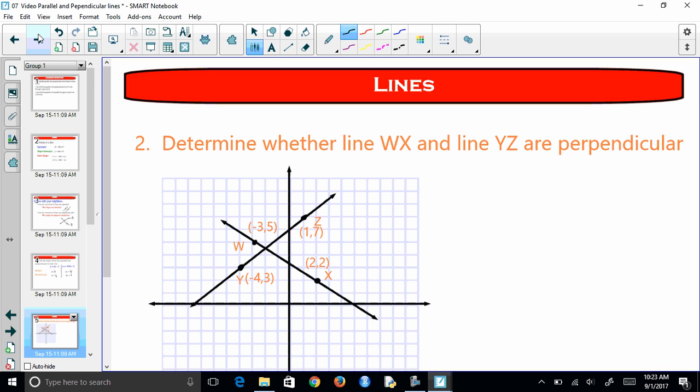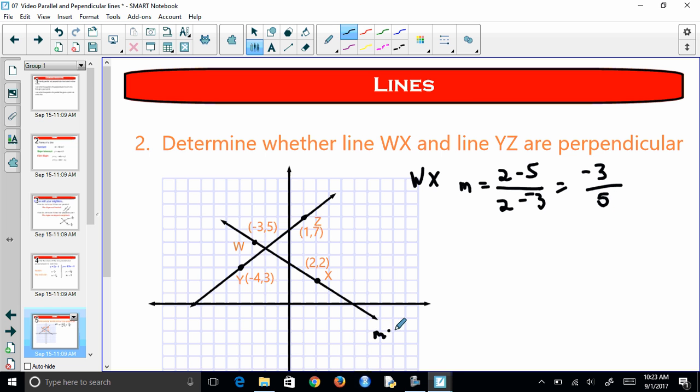All right. Now it says determine if lines WX and YZ are parallel or perpendicular. They're definitely not parallel. Well, what you'd have to do is find the slope of each one. So if I look at XW, I would take 2 minus 5 over 2 minus negative 3, and that's going to be negative 3 over 5.